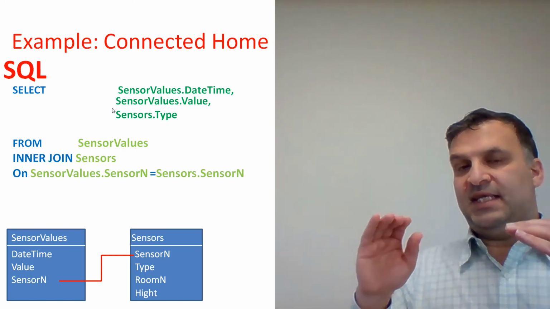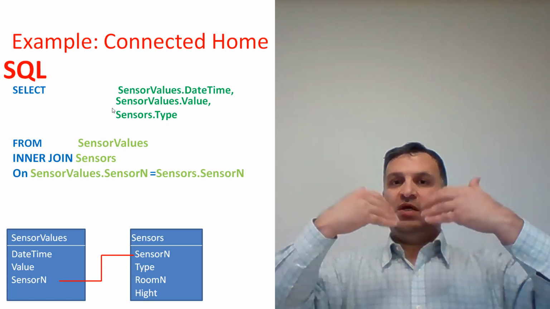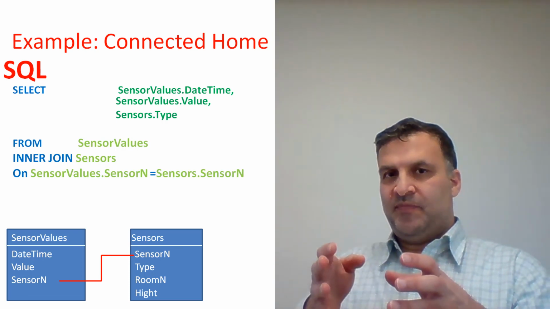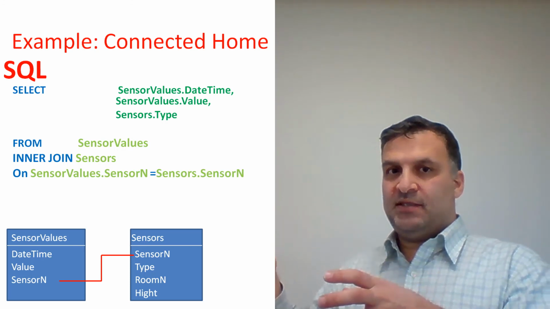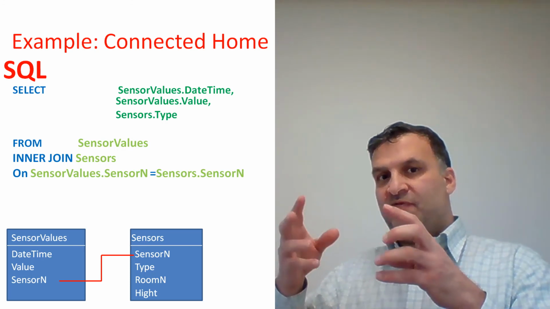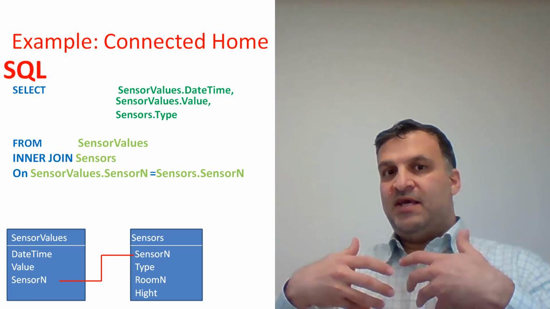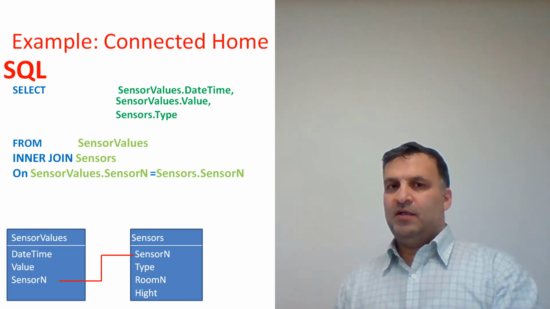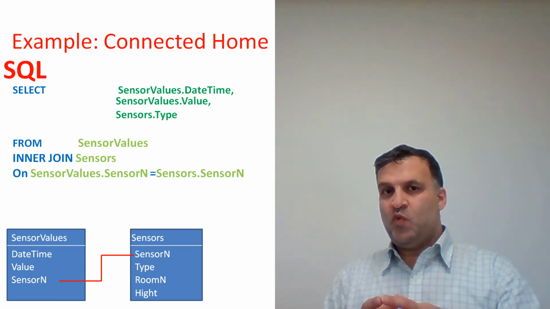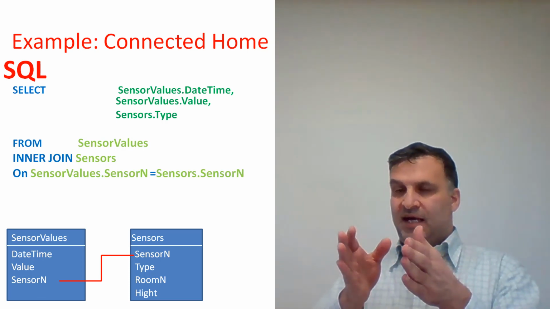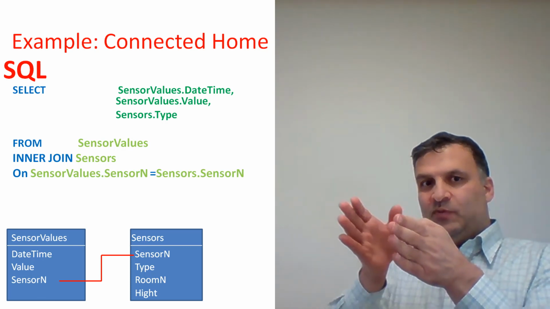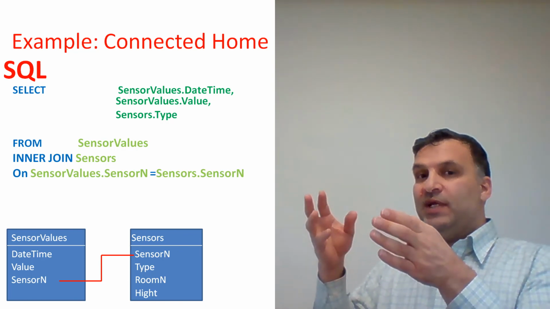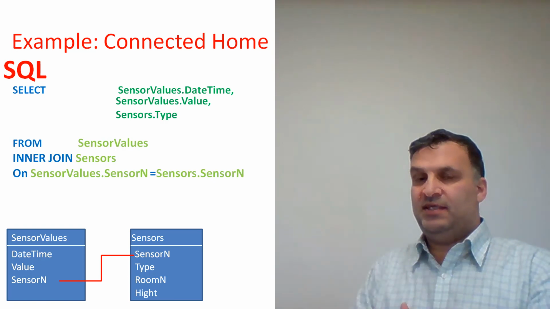That means the database will create a new, huge table. The database management system will extend the first table with the values of the second table. After that, from this table, it will give the results, the output. So the database management system will take the first table, extend it with the values from the second table, then calculate the results to give to us.